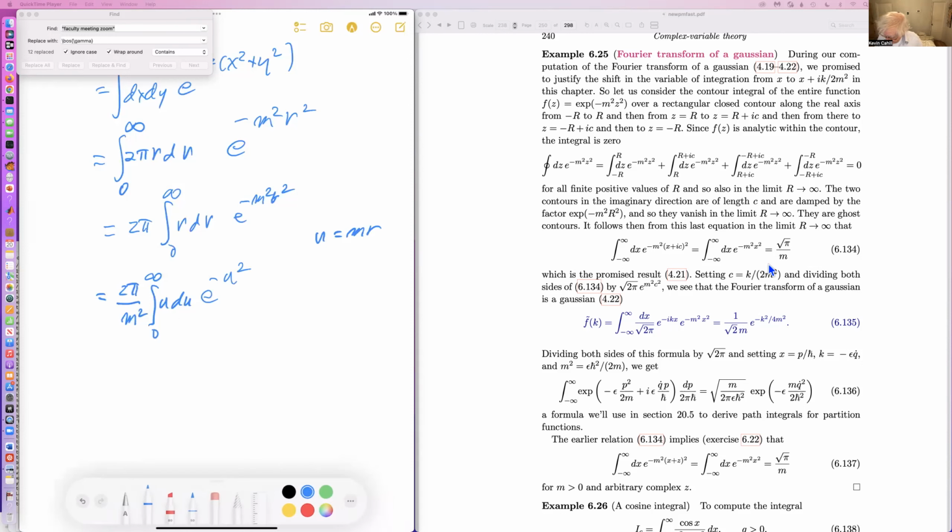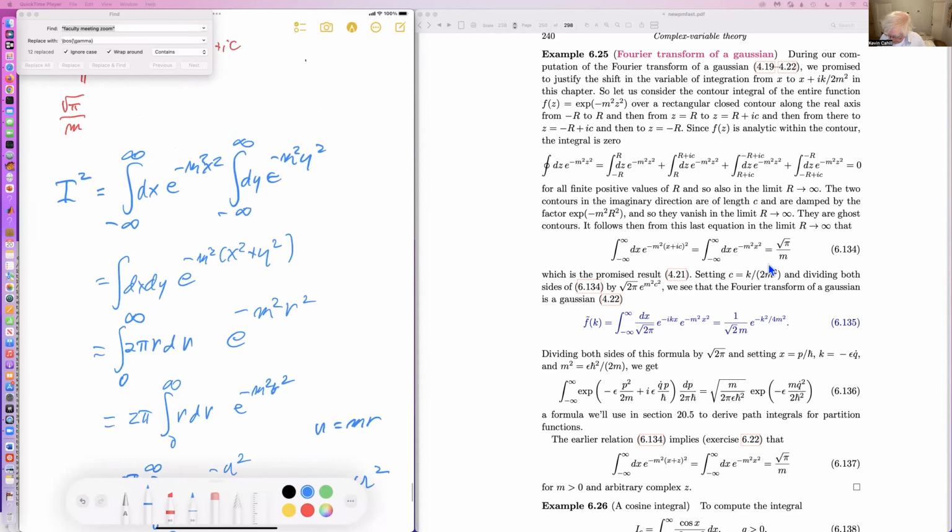And now I'm going to let v equal u squared. And so this is equal to pi over m squared, integral 0 to infinity dv e to the minus v. And of course, that's equal to 1. So this is pi over m squared.